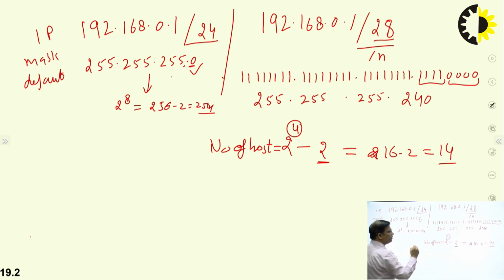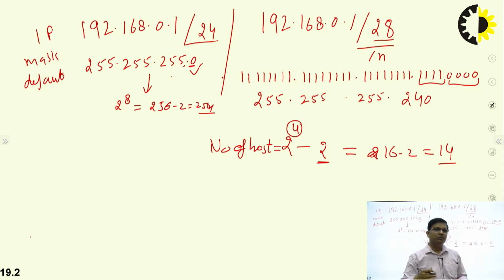Suppose we have a lab of 30 computers, a lab of 50 computers, and a lab of 60 computers. What will we choose? If we choose a class C IP address and we are using only 60 IP addresses, the rest are wasted. We cannot use the rest for the same lab.